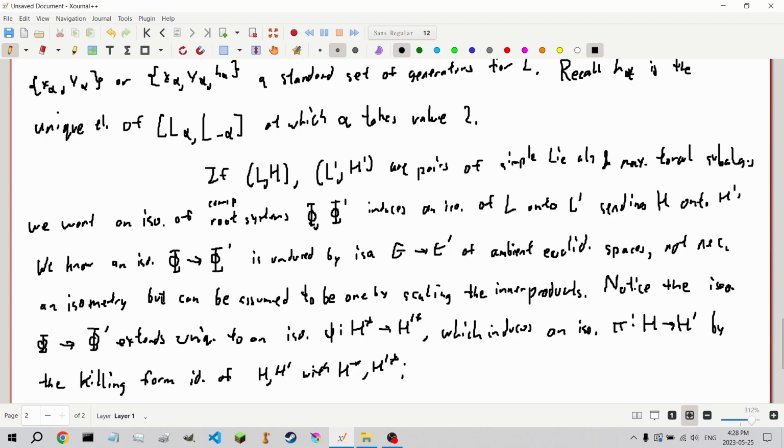And that is, if alpha to alpha' denotes our map, our isomorphism of root systems, then pi of the corresponding t_alpha is equal to t'_alpha'.